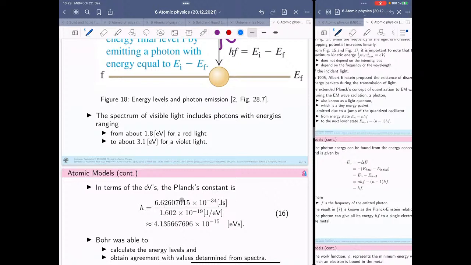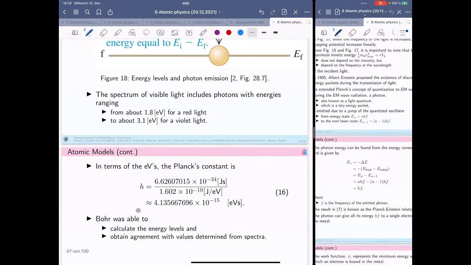If you want to reduce this tiny amount in terms of electron volts, you just divide the original value by the electron charge, 1.602 times 10 to the negative 19. You get 4.13 times 10 to the negative 15 electron volt seconds. That's the other value of the Planck constant in terms of electron volt seconds.